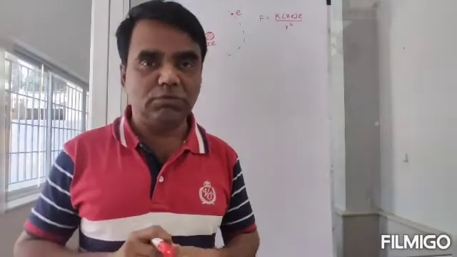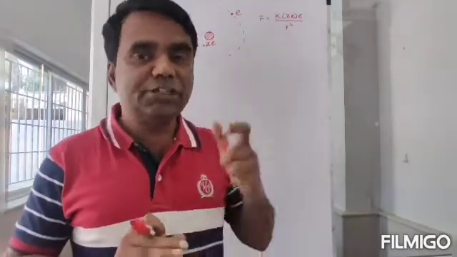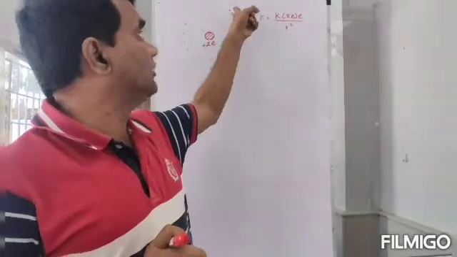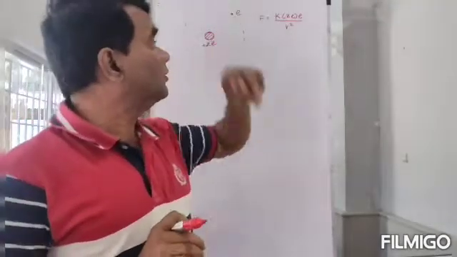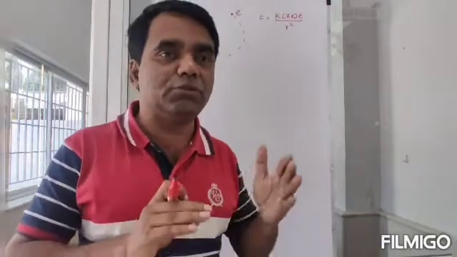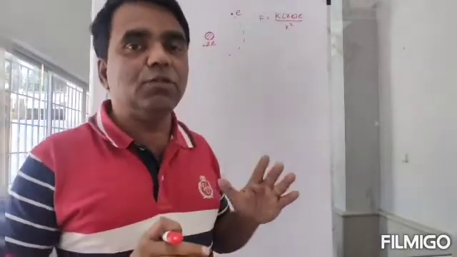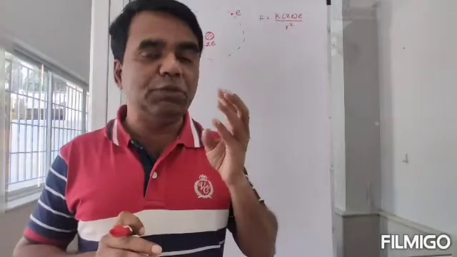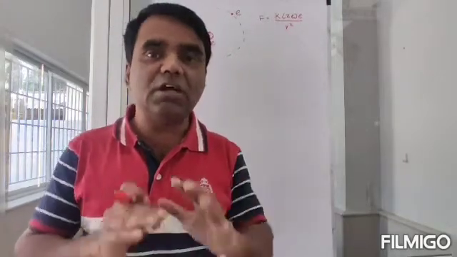So that is how you ensure that there is only one force acting on this electron. That is why whenever we talk about this derivation, we always talk about hydrogen or hydrogen-like atoms.